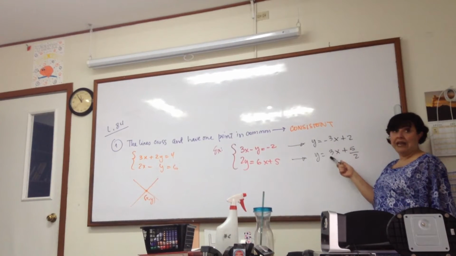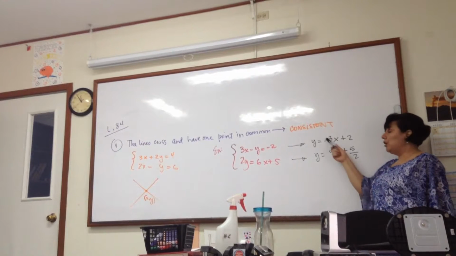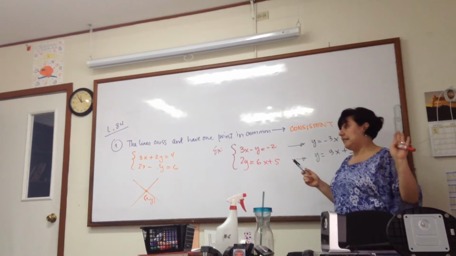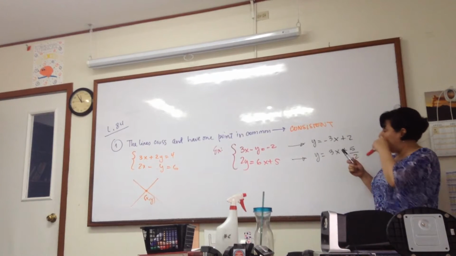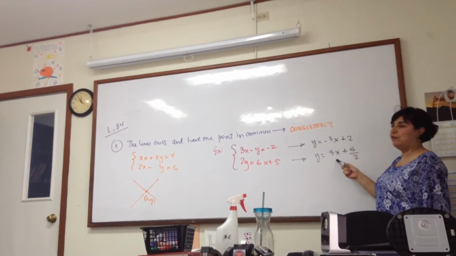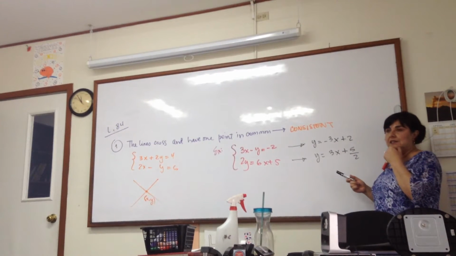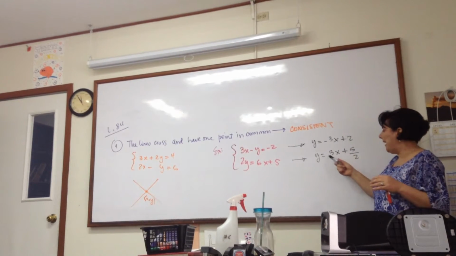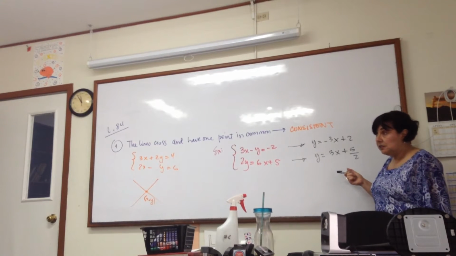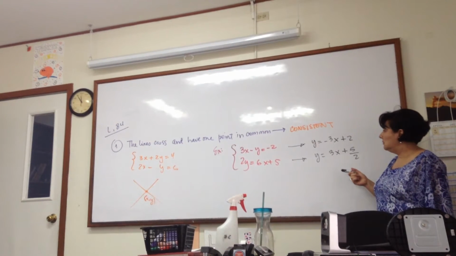They have a 3, but this one's negative and this one's positive. No same slope. So if they don't have the same slope, they're not parallel, they're not inconsistent. Is this one a multiple of this one or vice versa? No, right? You can't multiply anything times this to get this. So they're not dependent.